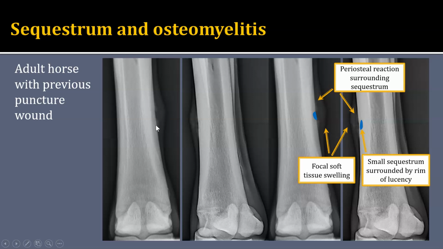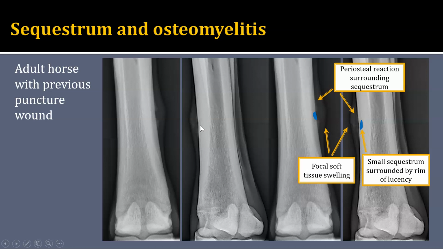That periosteal reaction, however, isn't kind of uniform. It is interrupted here in the middle. And so if I look closely where it's interrupted, there is a small round or oval piece of bone with a very thin radiolucency around it. It's a little bit harder to see, but on this oblique view, again, I can see that small piece of bone and I can see a thin region of radiolucency.